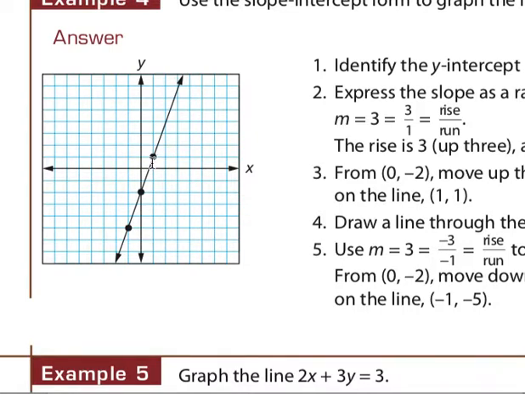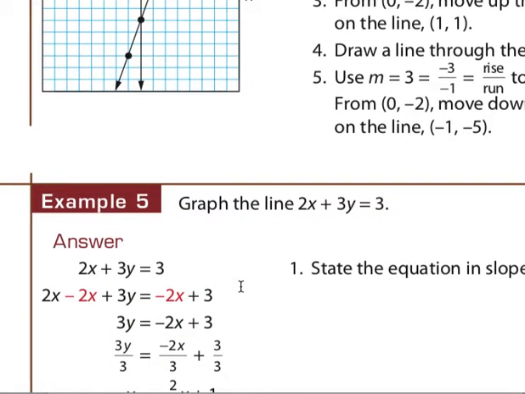If you wanted to be extra sure, you can make a third point, go down 3, and then to the left 1. It's just the opposite. So instead of going up and right, you go down and left. Then you just draw a line through it, put your little arrows, and that is your line.